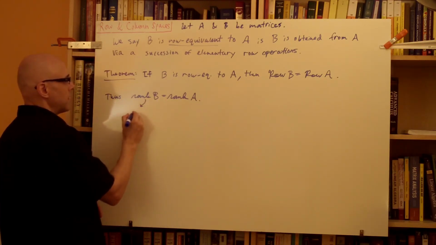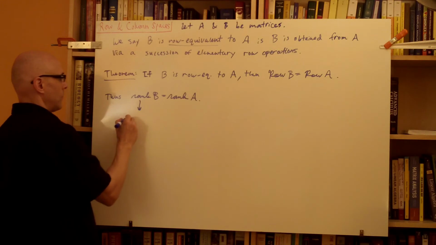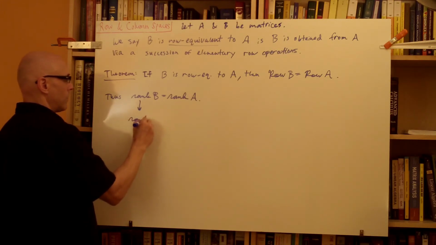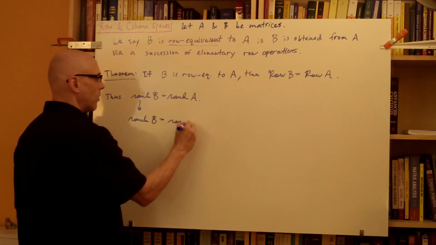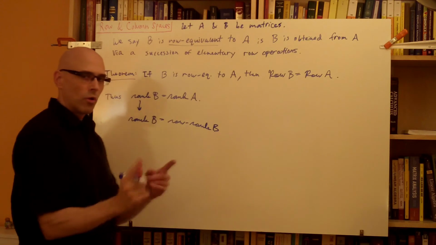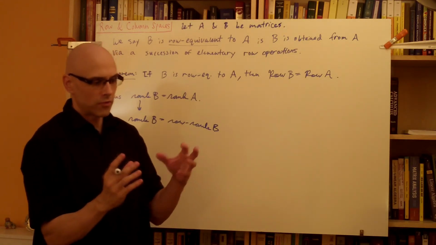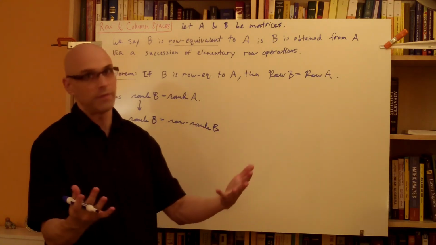The rank of B is equal to the row rank of B. The row rank and column rank of a matrix are always the same value, and that value we just call the rank of that matrix.